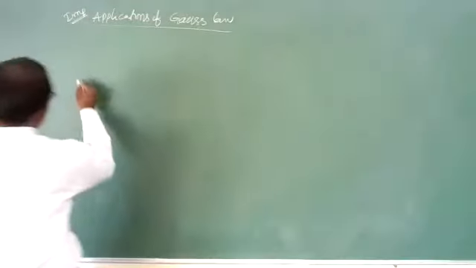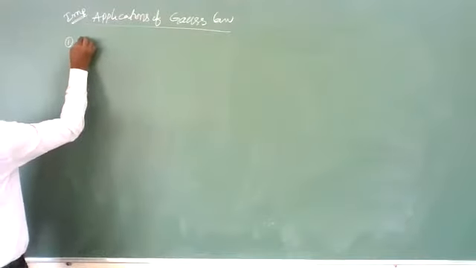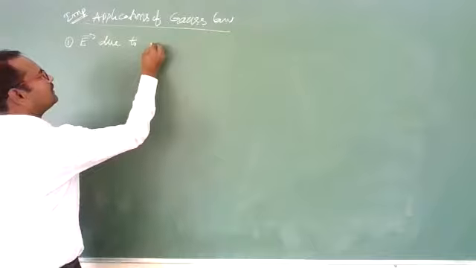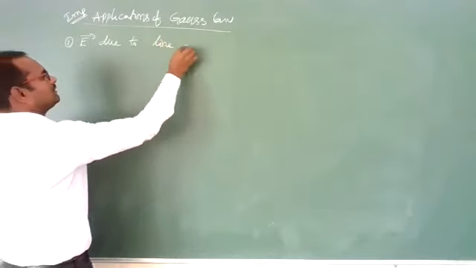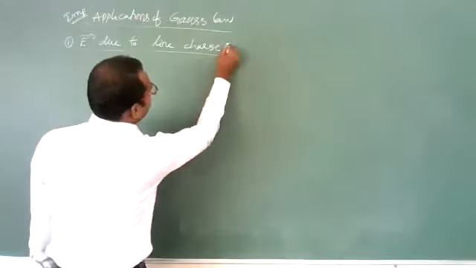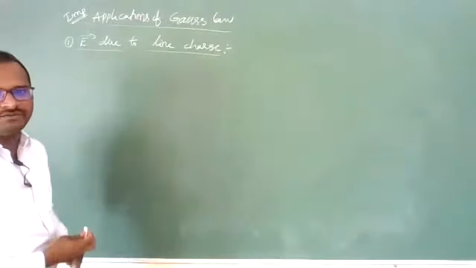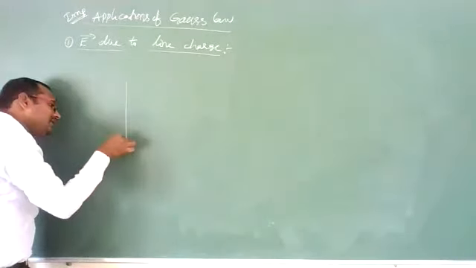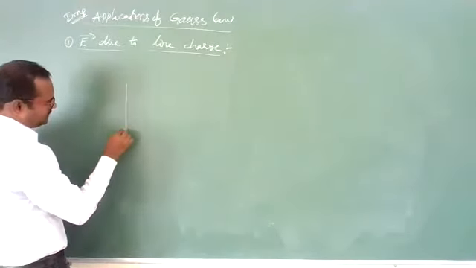See, first application is electric field due to line charge. Due to a line of charge, how much electric field will be there at one particular distance? Okay, let us consider we are having a line of charges.